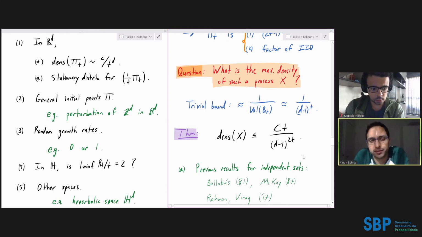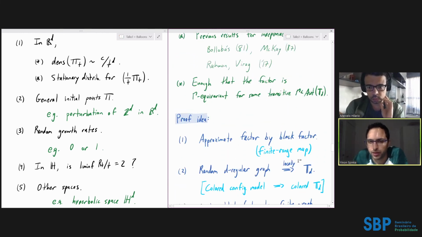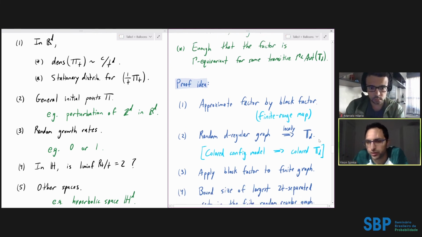Although, you might try to still apply the same types of ideas. Here we used local convergence. If you have some other tree which isn't regular, but you have some nice model of finite graphs which converges locally to it, maybe you can still try to do the same approach.